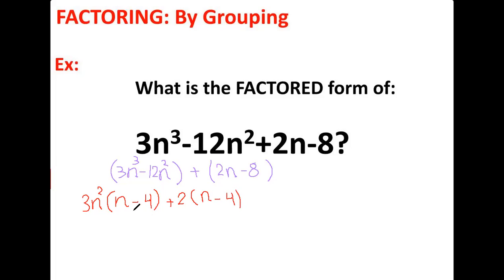After that, what do you notice here? We notice that we have the same parentheses. So I have n minus 4 and I have n minus 4. So we can write the GCF here in this question: it will be n minus 4. So we will use n minus 4 as a common factor.